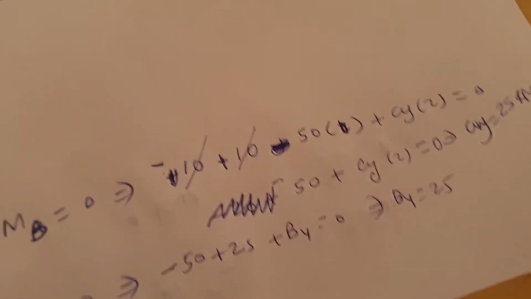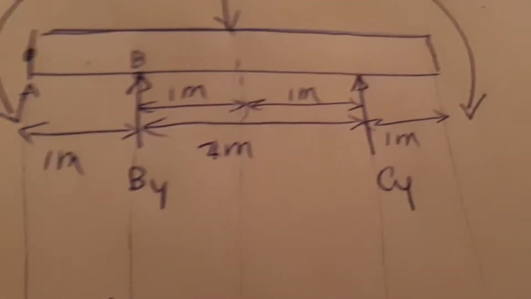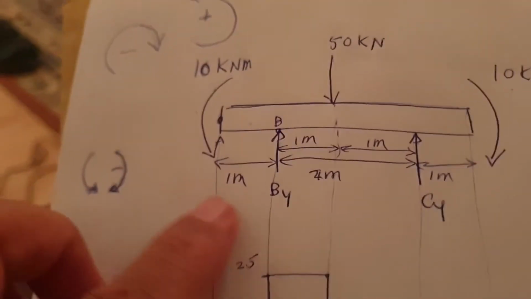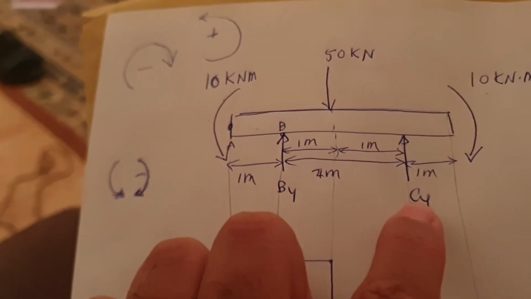Then you do summation of forces in Y to find By: minus 50 plus 25 plus By equals 0, so By is 25. So it is 25 kilonewton here and 25 kilonewton here.